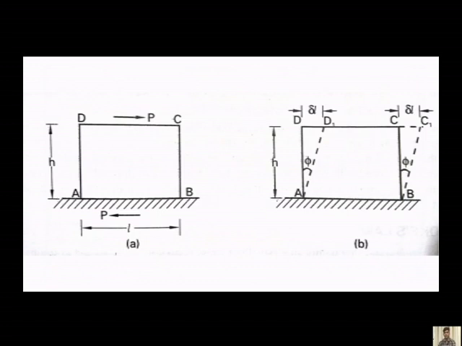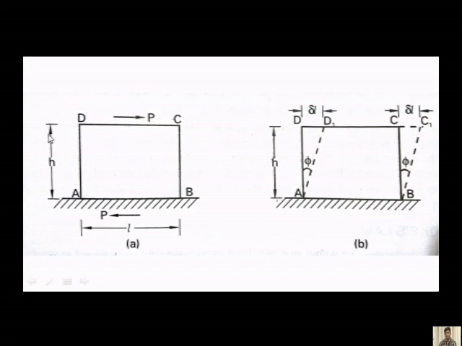Here you can observe A, B, C, D; when subjected to load P, D will shift to D dash, or delta. You can see here of length L, the change in length on the top surface, that is a shear strain with an angle phi of depth h.